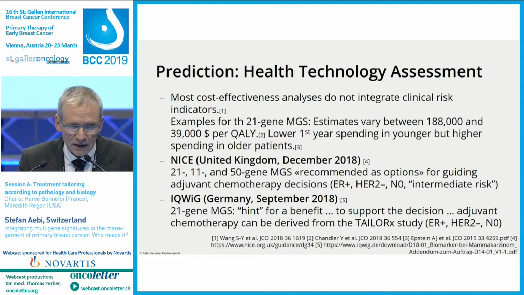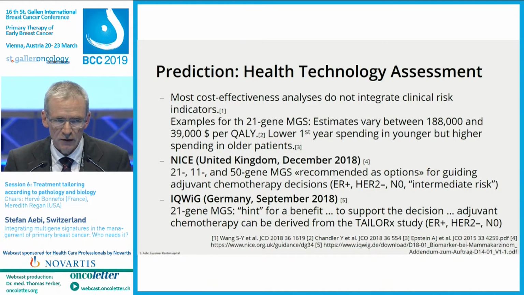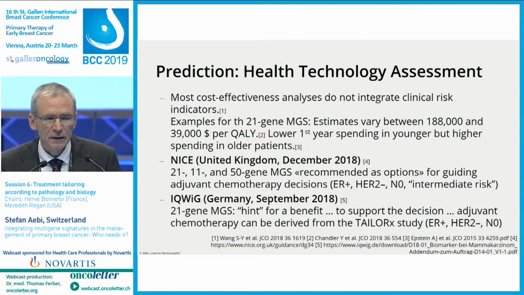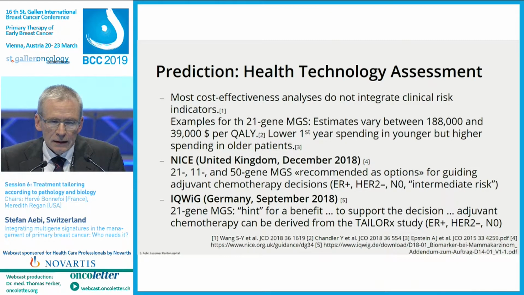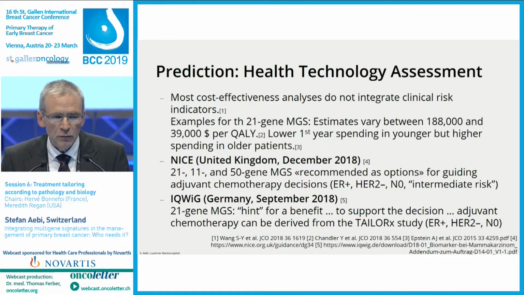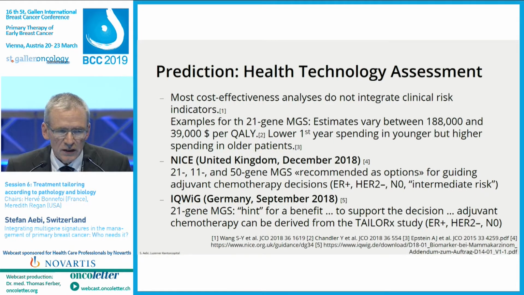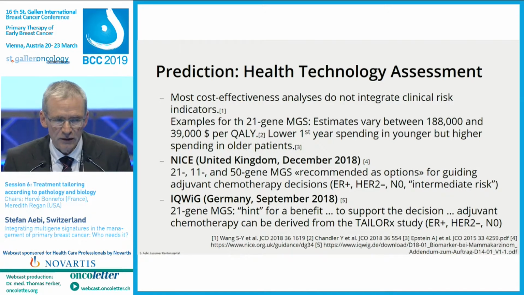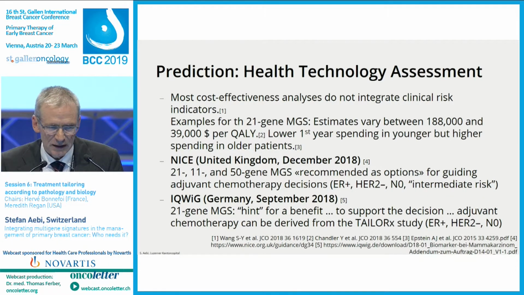The last point is just a few remarks about many studies of health technology assessment and economic studies. I found this literature to be very confusing. The main limitation from my point of view is that most cost-effectiveness analyses of these tests do not integrate clinical risk indicators.